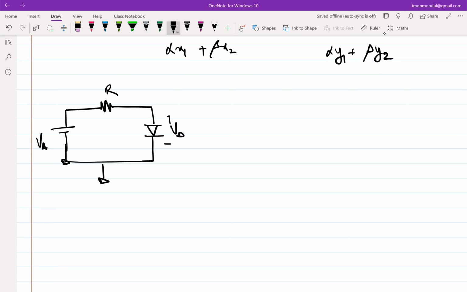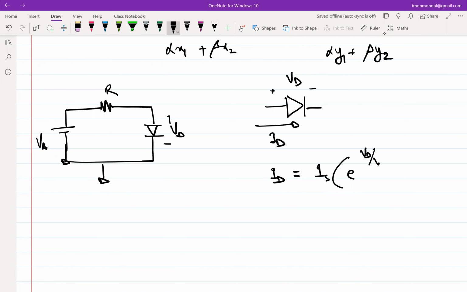Okay. So what is the current voltage relationship of a diode? Okay, so let's say this is VD. ID equal to some constant, let me call it IS, e power VD over VT. So all of you know this. Anybody who doesn't know this relationship?